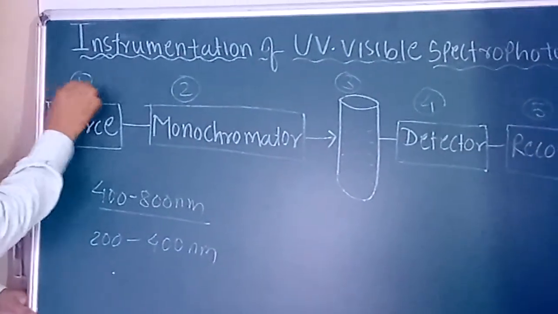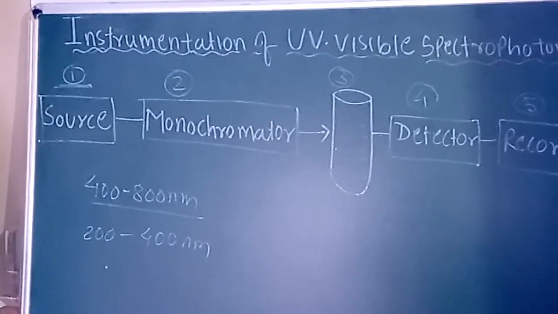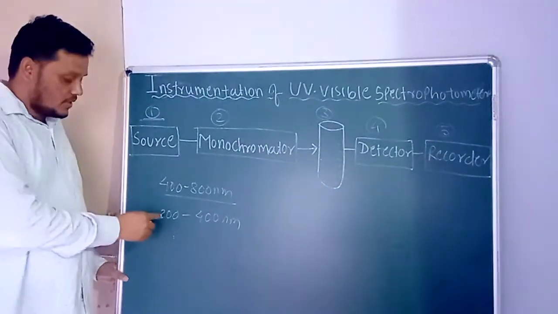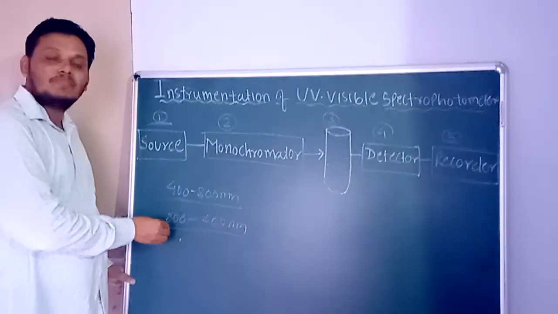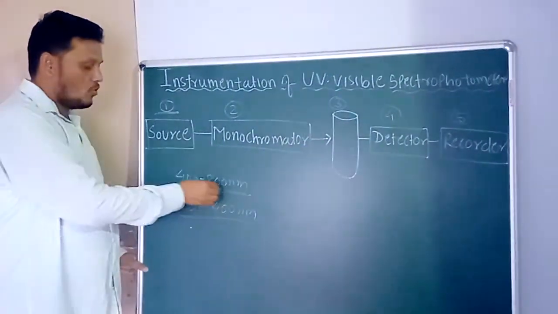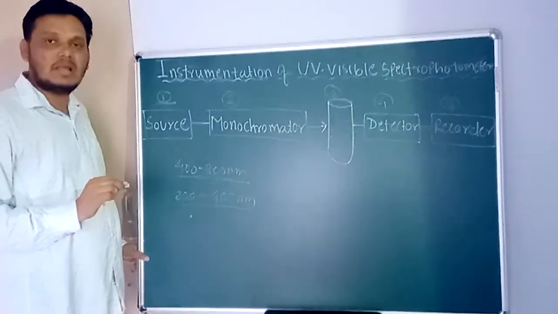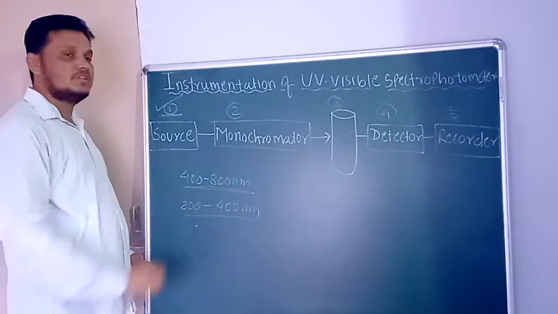So the hydrogen lamp or deuterium lamp is used for ultraviolet, and the tungsten filament lamp is used for 400 to 800 nanometer. So this is the first part.